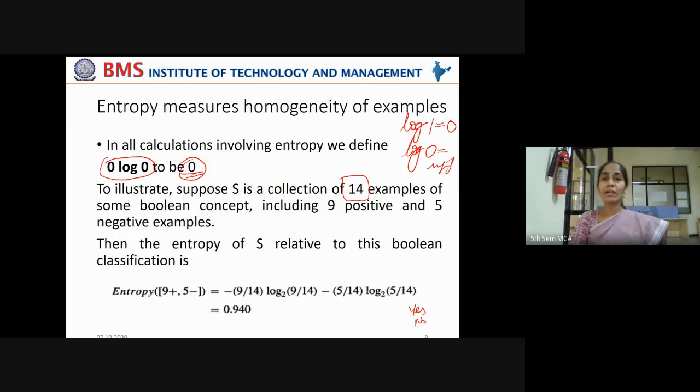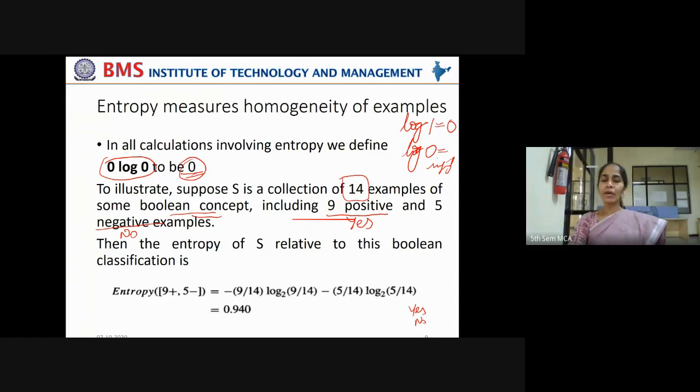These are all called Boolean concepts, meaning the possible values are only 2 in the target label, right? In that case, we call it a Boolean concept. Now, let us take 14 such training examples, including 9 positive examples, meaning the label of 9 training examples is yes, and 5 negative examples, meaning the training examples have the label no, right?